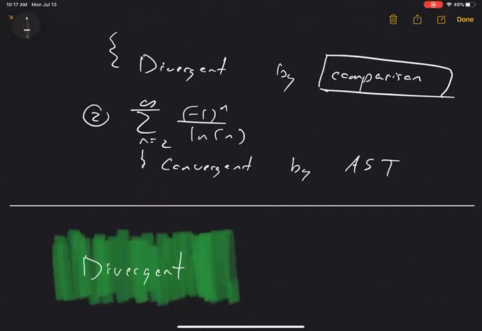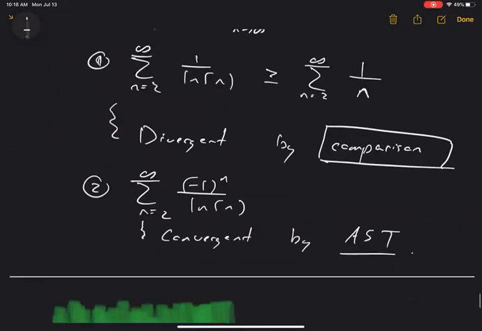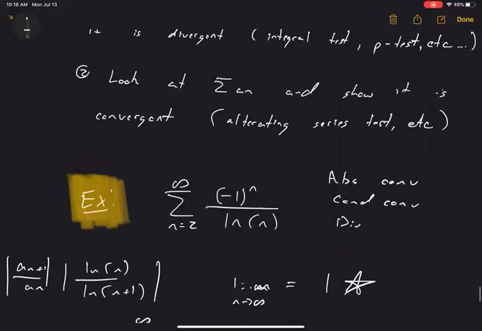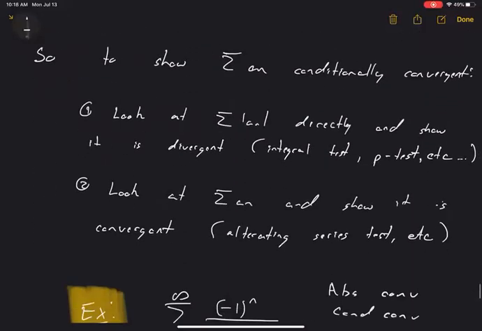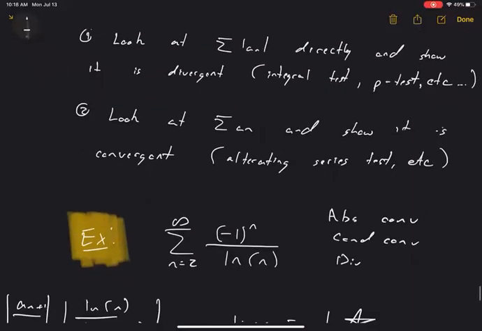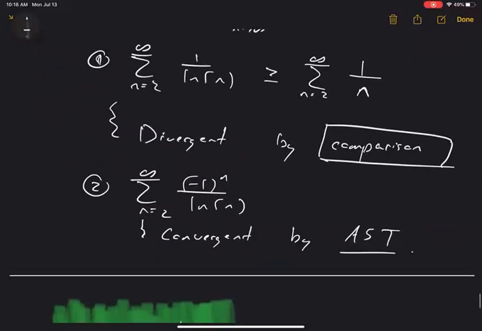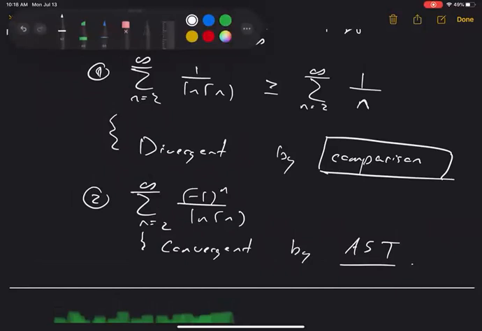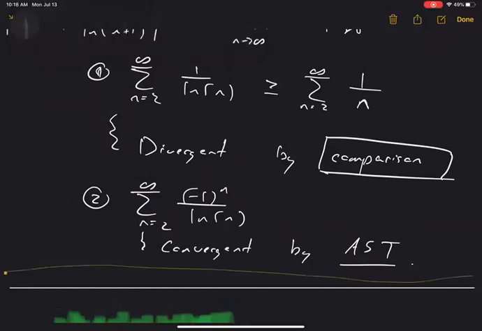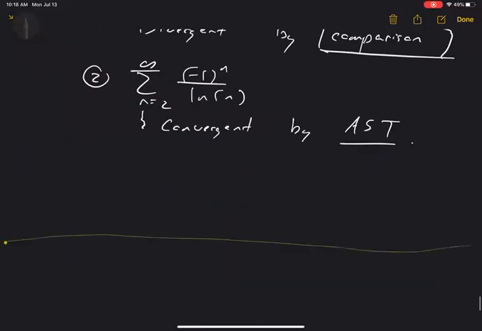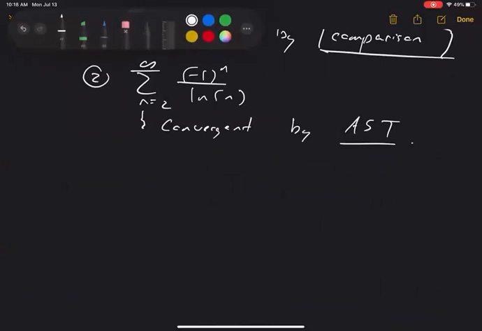I would need to show all those on a test, but it should be convergent by alternating series test. So I have my two conditions, right? I've shown that the series of absolute values diverges and the original series converges. And that's the very definition of conditional convergence.